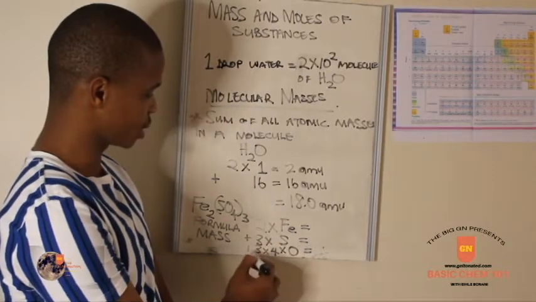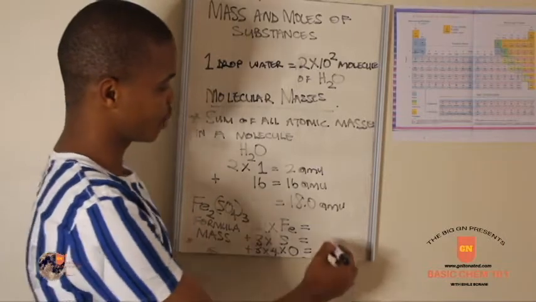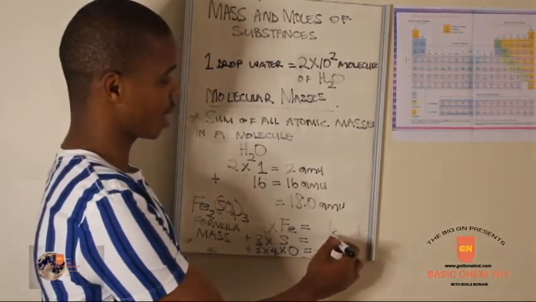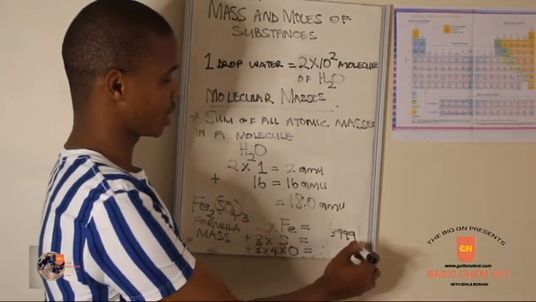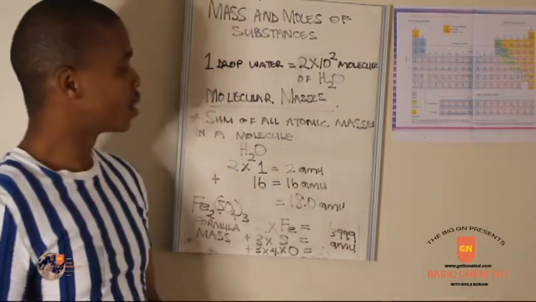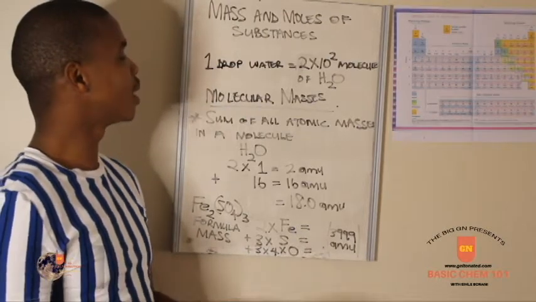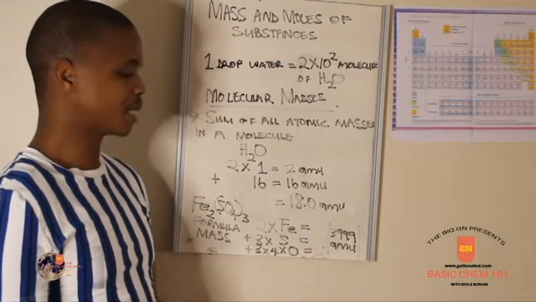So you are adding all this. Then after you have added them, you'd find that your final answer would be 399.9 atomic mass units. So that is how you would calculate your molecular masses and your formula masses.